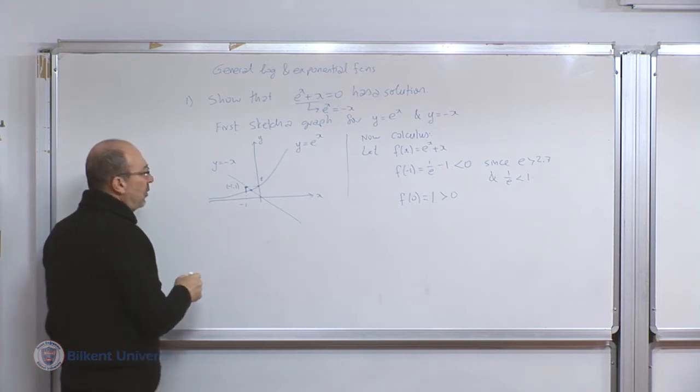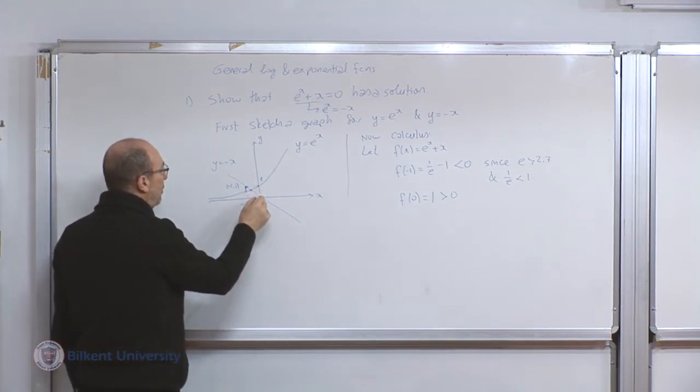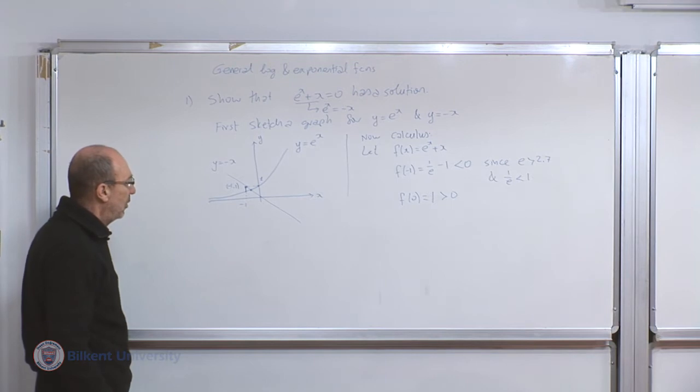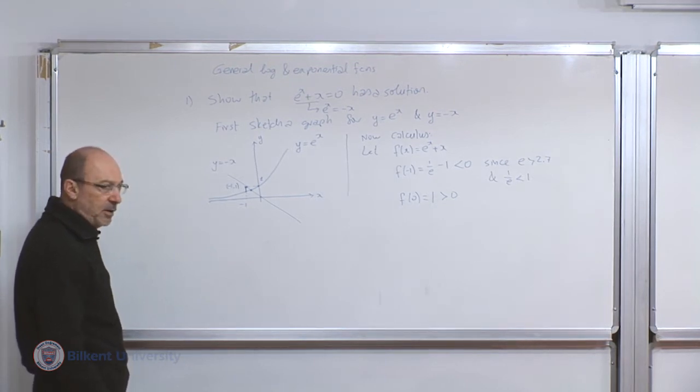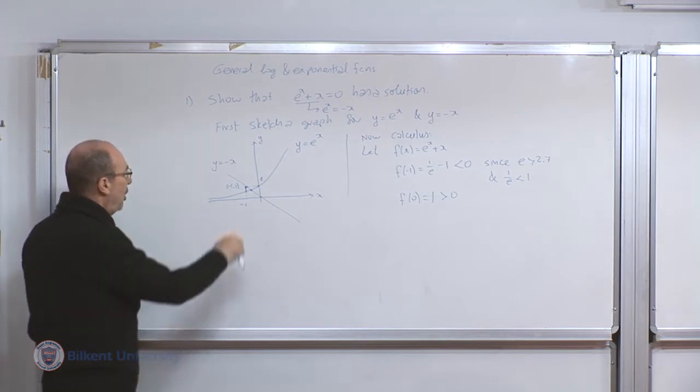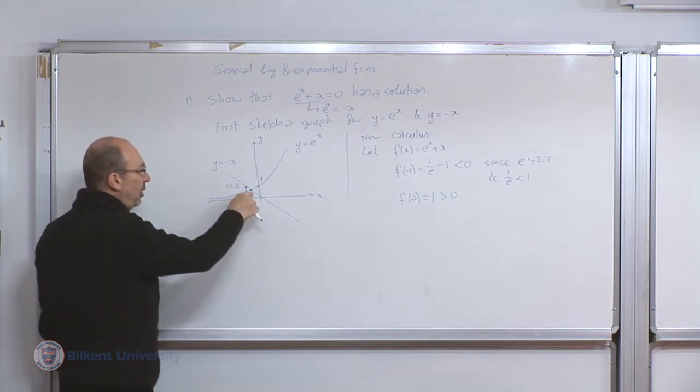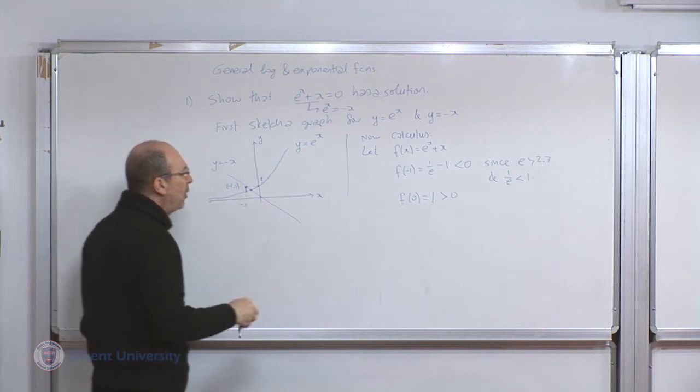Now the intermediate value theorem confirms that they intersect. When I take the difference, it will be 0 somewhere in between.